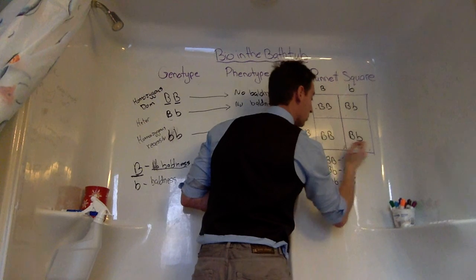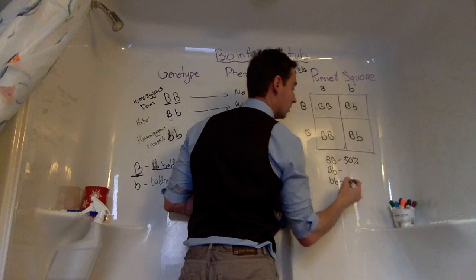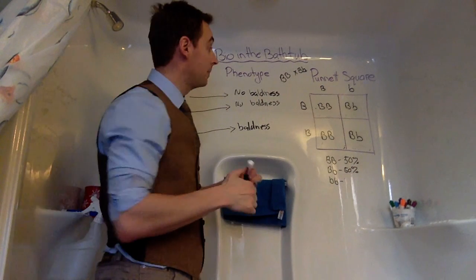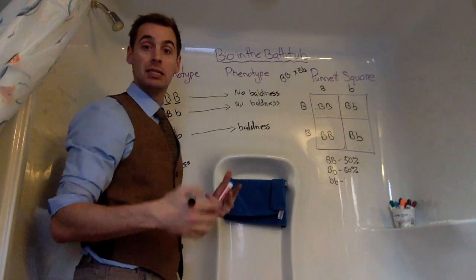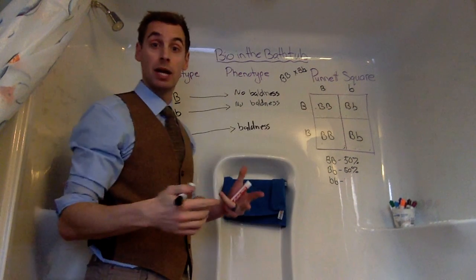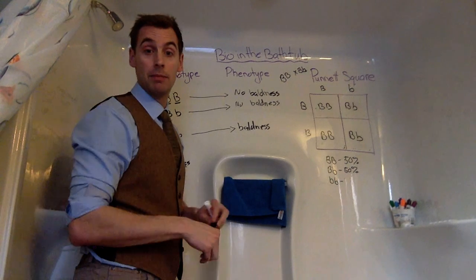So now our values have changed. I have 50% dominant, 50% heterozygous, and because there is no way to get a recessive, that recessive trait can't continue. Now, if someone heterozygous marries someone who's heterozygous or homozygous recessive, that gene can now reappear in the gene pool.